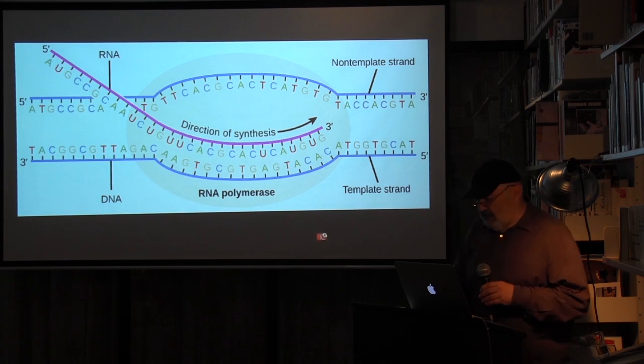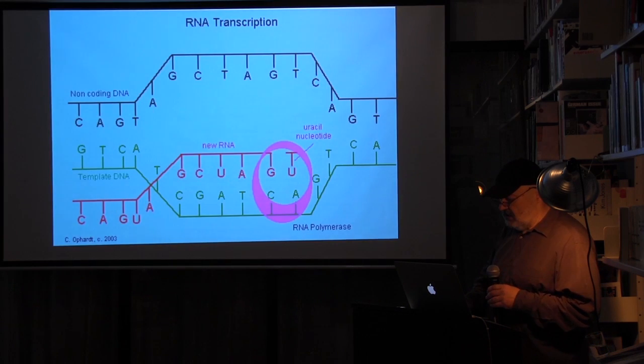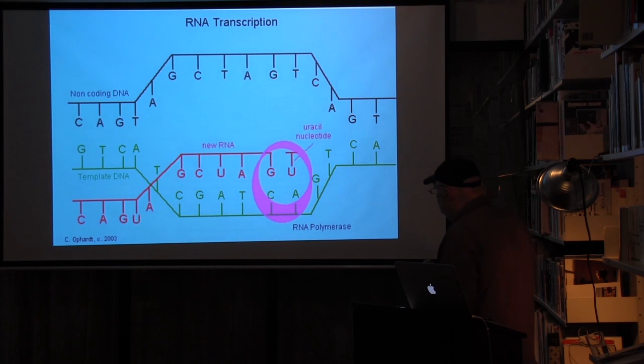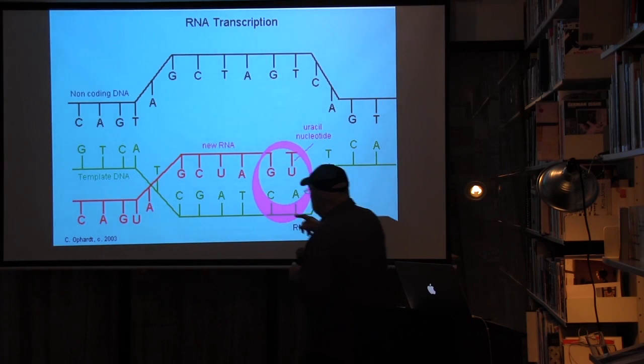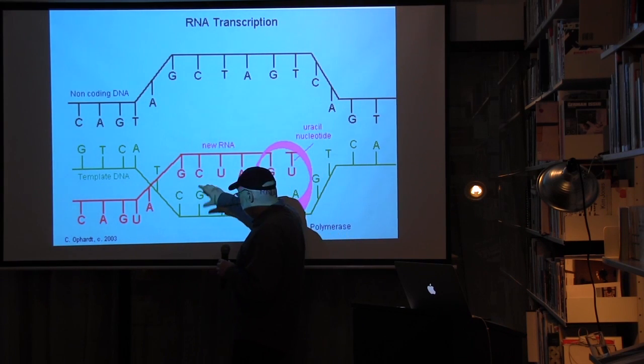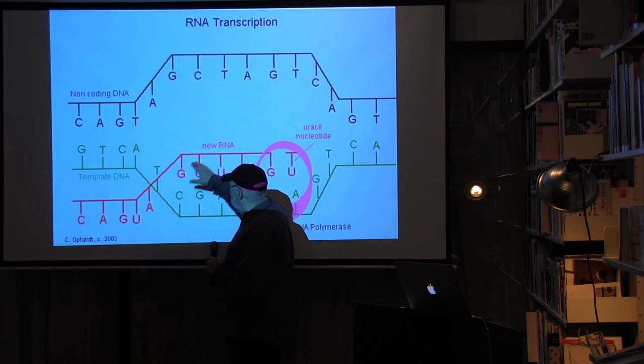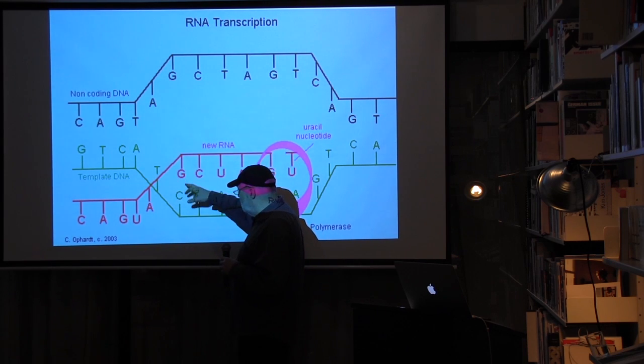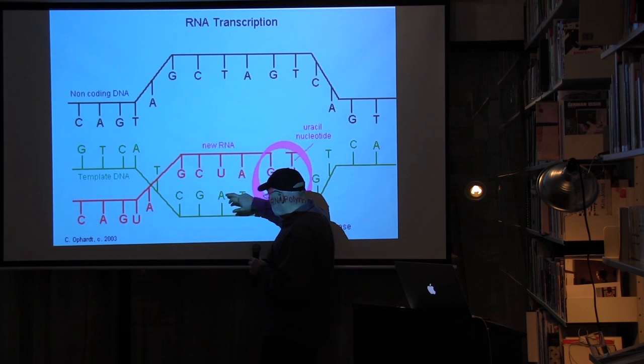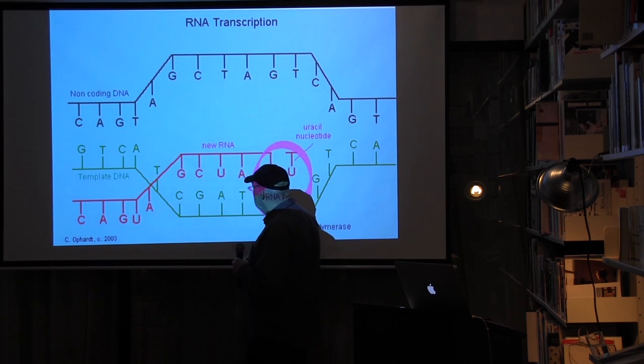We can see in the next picture, which is a better illustration, that this is one side that is a template DNA, and we see RNA copying it. And as you can see, C is copied into G. These are base pairs. G is copied into C. T is copied into A, and A is copied into uracil.